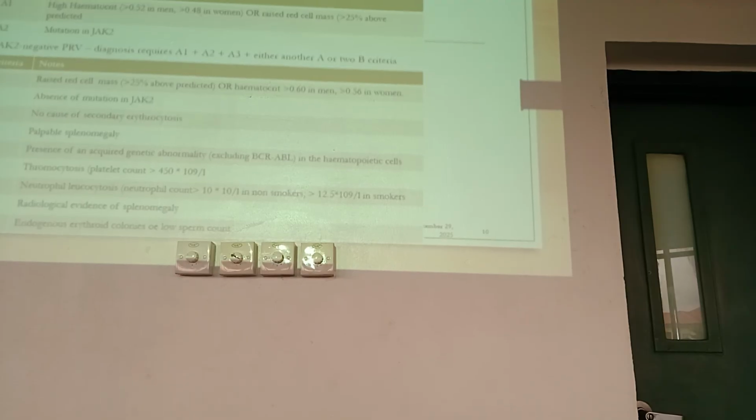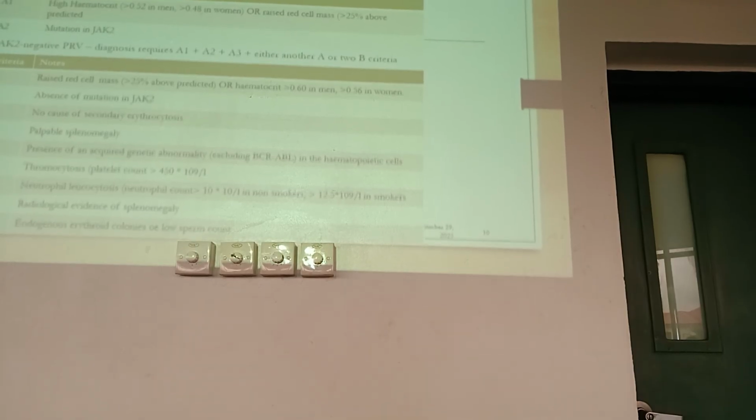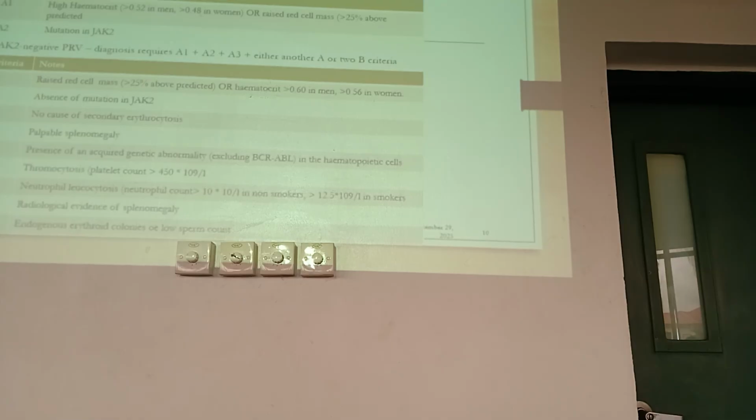Those three must be present. Then, in addition to that, either another A or two B's will confirm the diagnosis. Another A, like a palpable spleen, or another A, like presence of an acquired genetic abnormality, excluding BCR-ABL. BCR-ABL is CML.